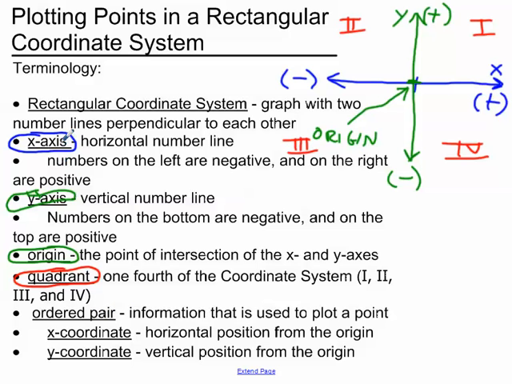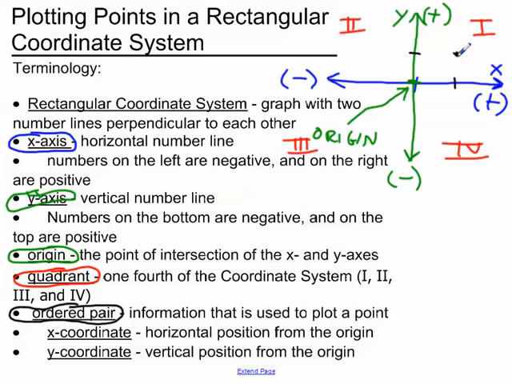Because we've set up our x-axis and our y-axis, we now have ordered pairs of information. An ordered pair is basically information that's used to plot a point. If I've got a point here, then that point corresponds exactly to an ordered pair. That is my x point, and that is my y point that corresponds with that point in our rectangular coordinate system.